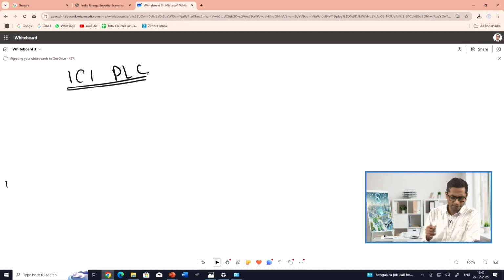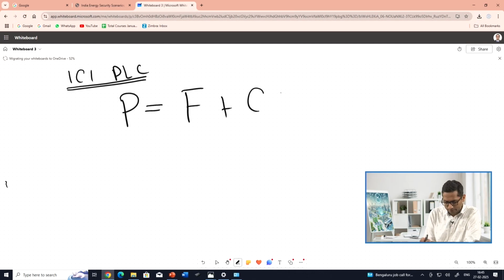The underlying formula is that the production cost is going to be an addition of three things: F, C and O. P is the unit production cost.